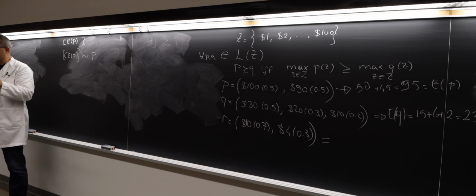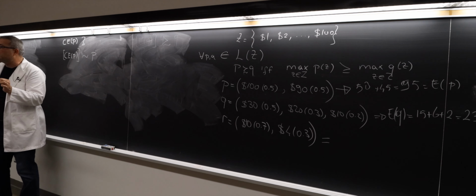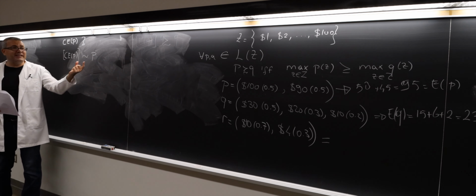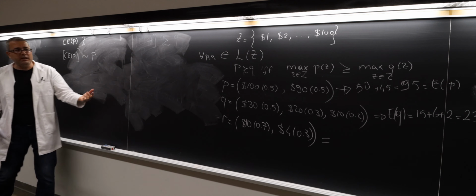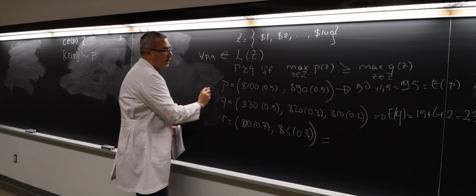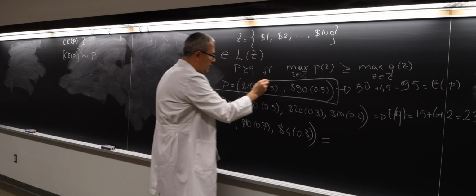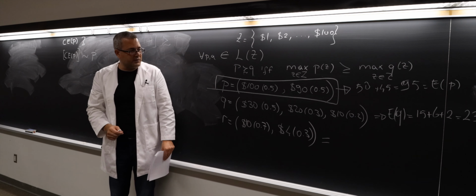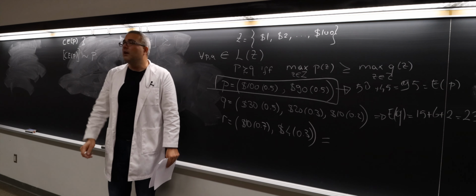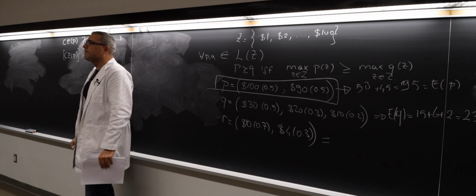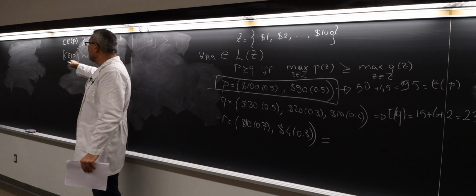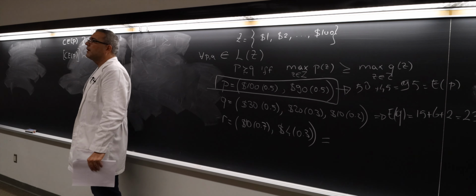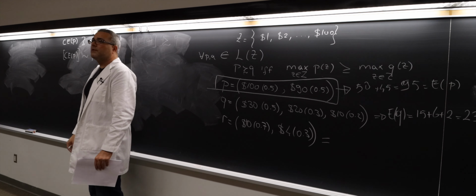So what price, a sure price, should I give JJ so that JJ is indifferent between this sure lottery and P? Remember what was P? P is this lottery. He's going to win $100 with half probability, 50% of the time, $90 with the remaining probability. So, what price do you think is going to satisfy this?